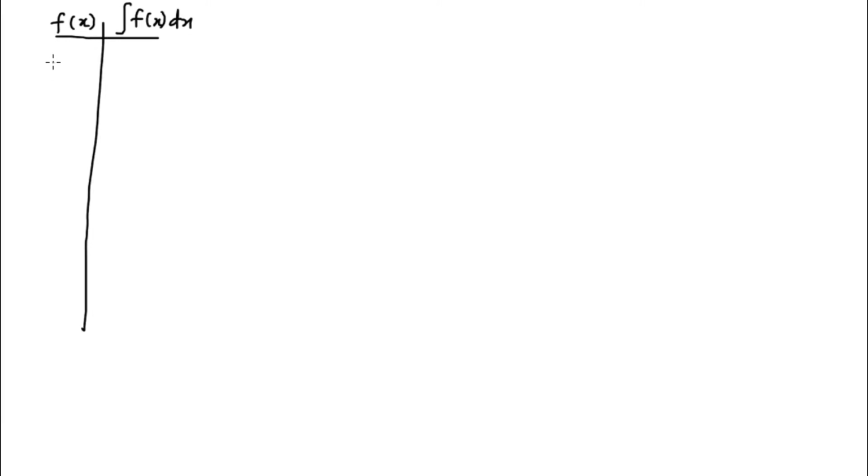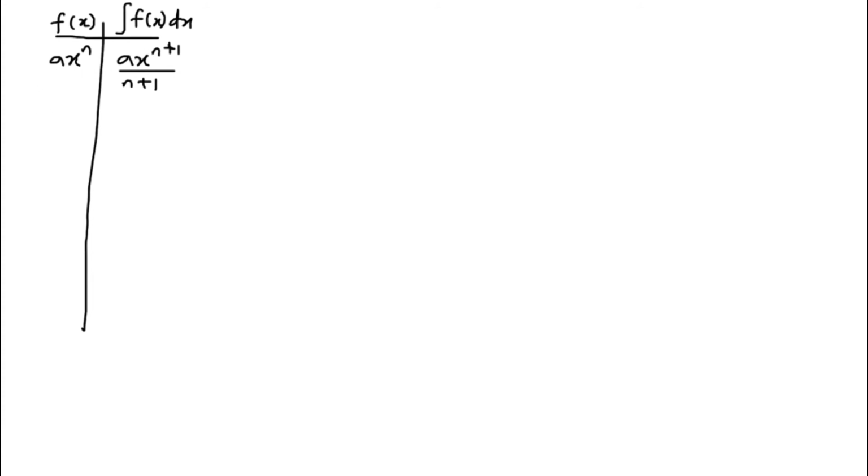Let's say you have a function such as ax raised to power n. The integral of ax raised to power n is that you add 1 to the old power and then divide by that new power. You have an old power which is n, but now in integration you need to add 1 to the old power to have a new power, so you divide the function by the new power.